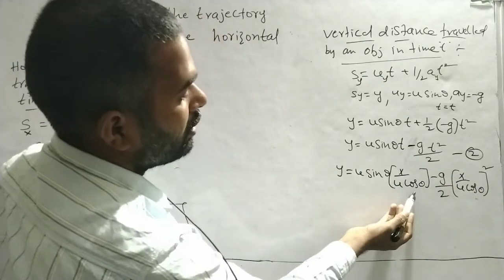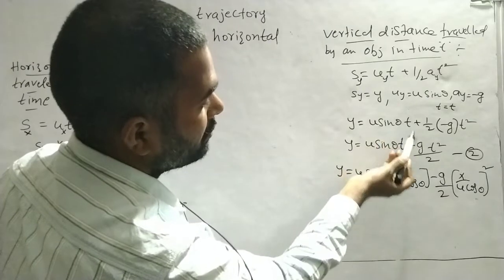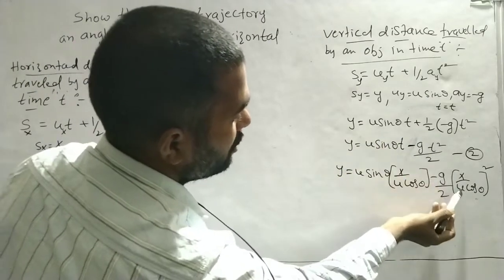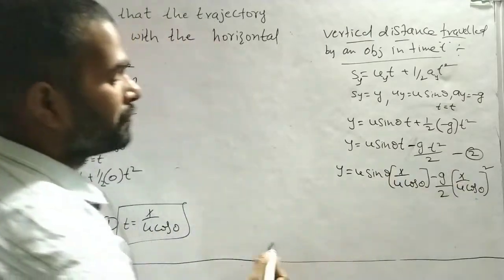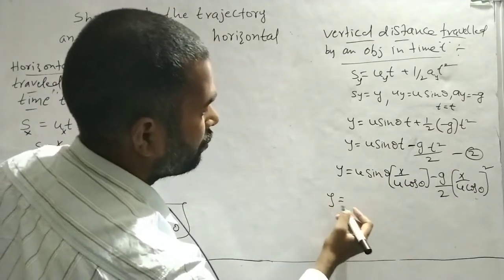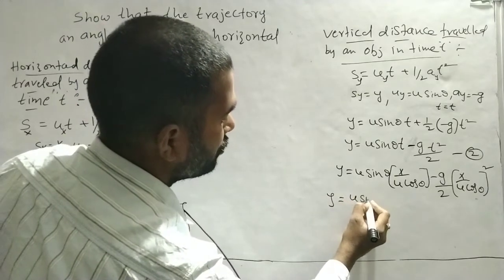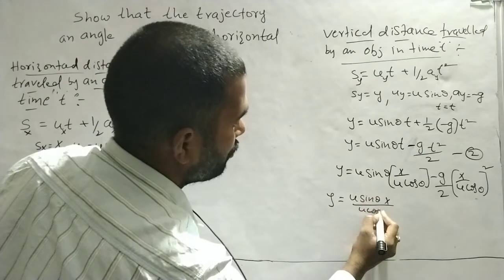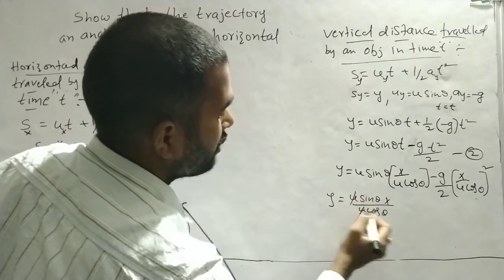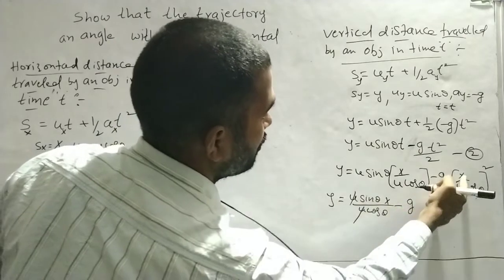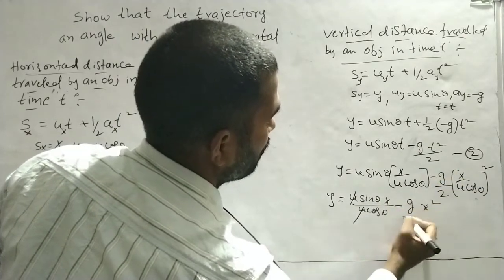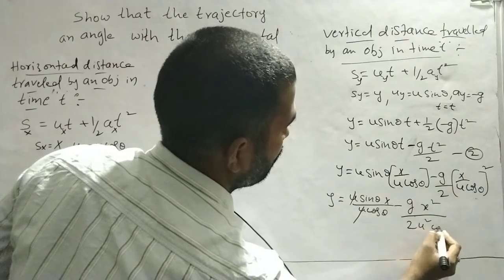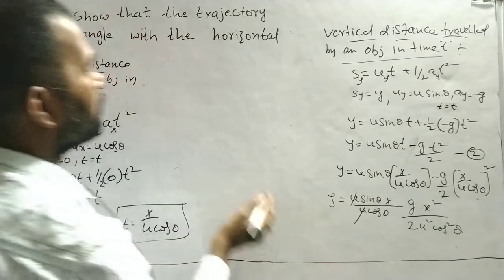So y equal to u sin theta x by u cos theta, with u cancelling, minus g x square by 2 u square cos square theta.